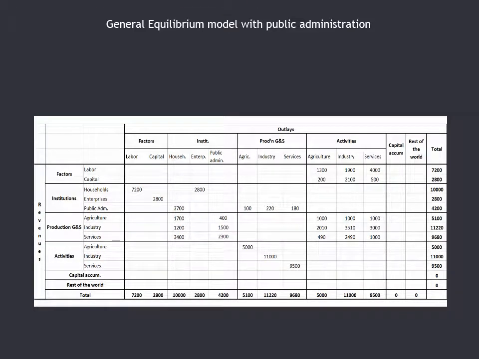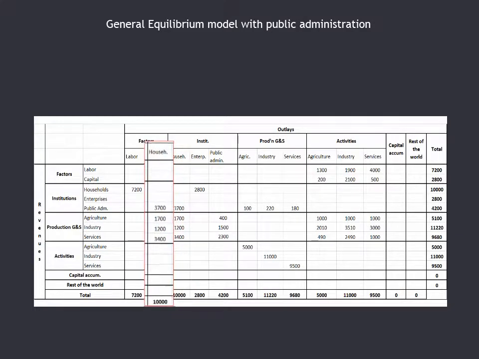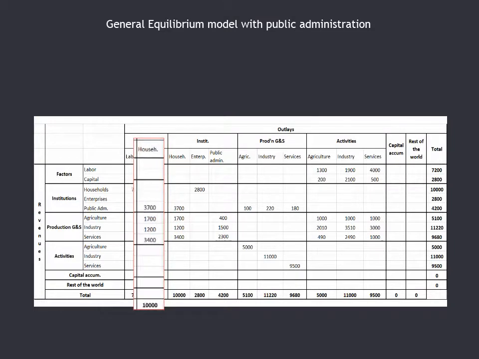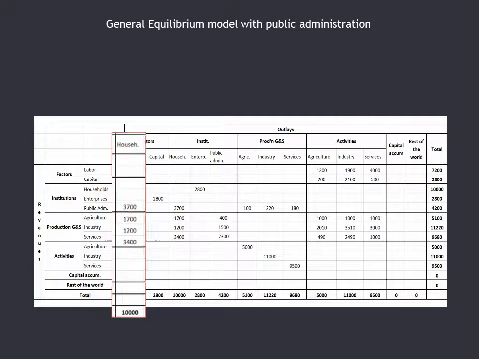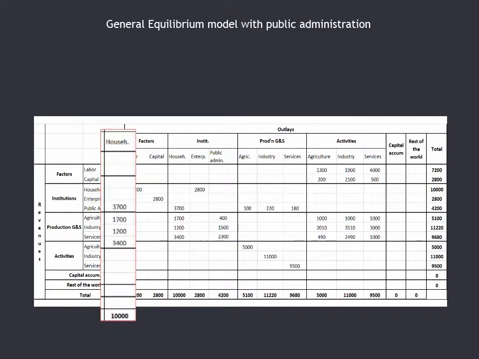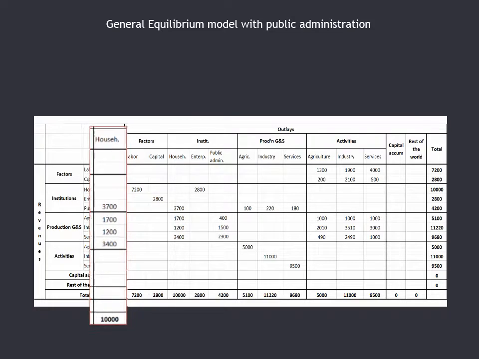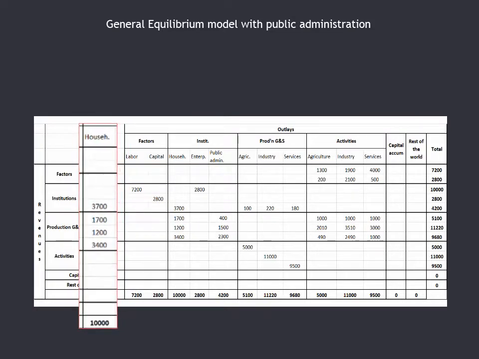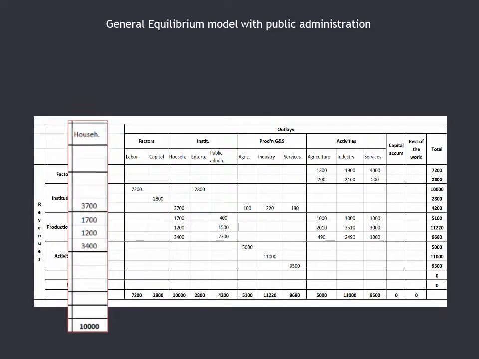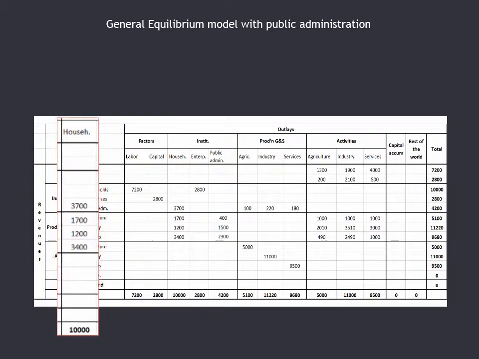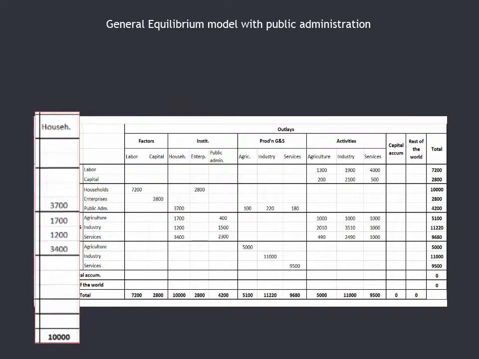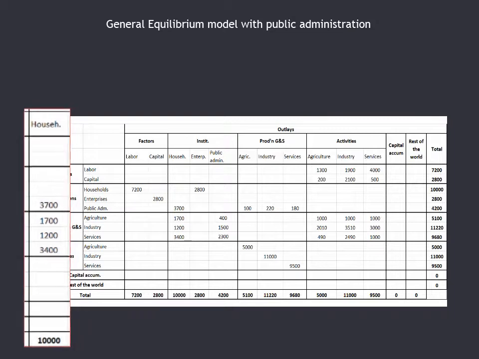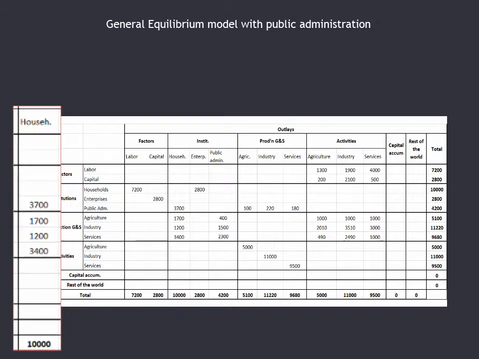With this income, households can finance two things. First, final consumption of 1,700 in the agricultural sector, 1,200 in the industrial sector, and 3,400 in the services sector. But there is a second thing that households finance: the payment of the income tax given to public administrations for 3,700.